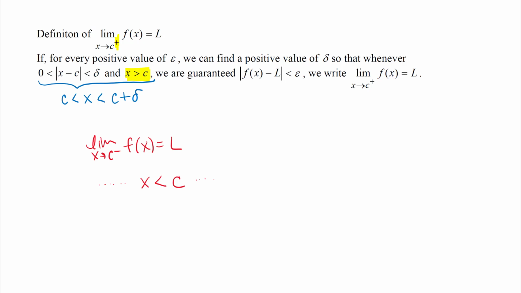I think our textbook actually writes it that way, but I really prefer to write this definition so it's very similar to the one we looked at before, with just the one restriction that should make sense to you. x has to be greater than c for the limit as x approaches c from the right. And then if we want to talk about the limit as x approaches c from the left, the only change you would make is to say that x has to be less than c.